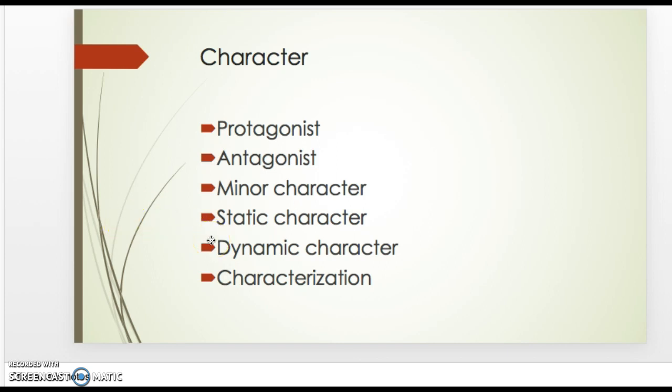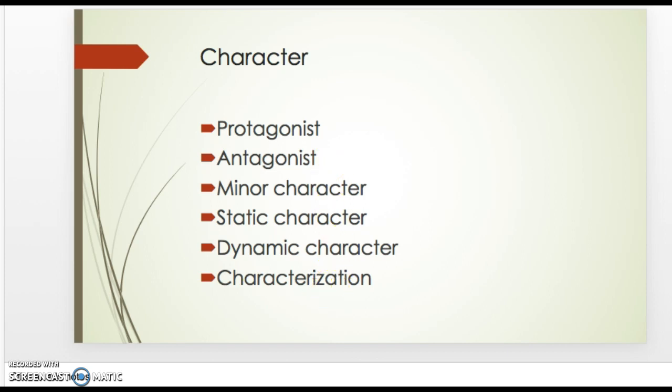A static character is a character that doesn't change throughout the novel, and if the protagonist is a static character, that gives us kind of a negative impression of the book. The dynamic character is the one that changes from the beginning to the end, and again, this is often the protagonist who has the most change, and sometimes it's the antagonist who changes.